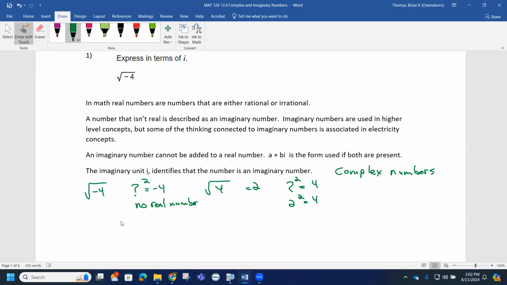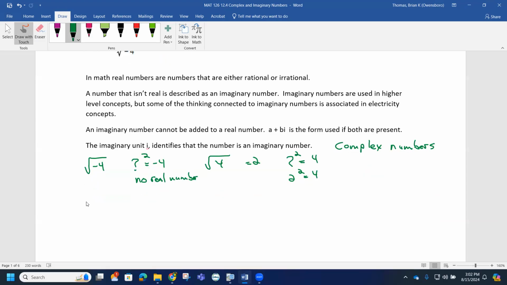So what happens is we can rewrite this problem as the square root of 4 times negative 1, because 4 times negative 1 is the same thing as negative 4. And what we do in math is we create this i squared to represent a negative 1. So this problem turns into the square root of 4i squared. Notice how there's 2 twos and there are 2 i's.